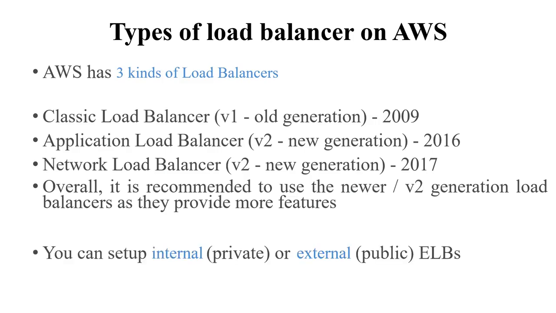Whenever we are setting up the load balancer, one more point: we can define it from an internal network point of view. Suppose we have an internal application that should only be accessed within the premises. Then you can define the load balancer for that application as internal. Now only within that network you can access it, not outside of the network.